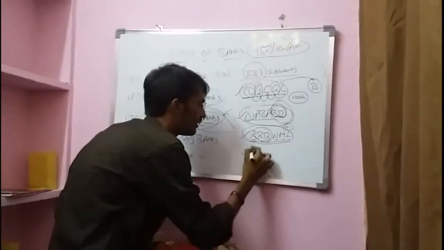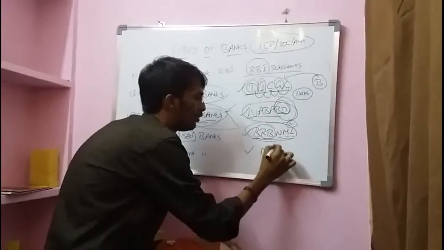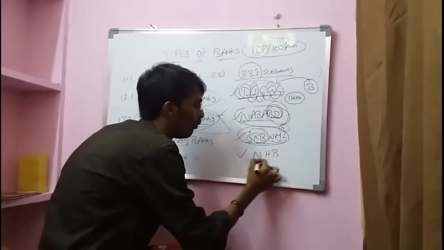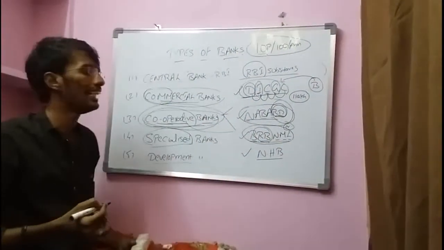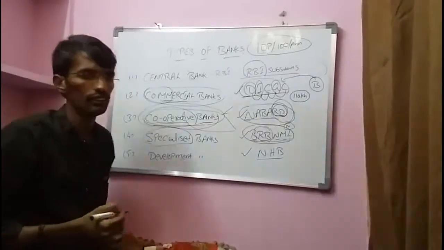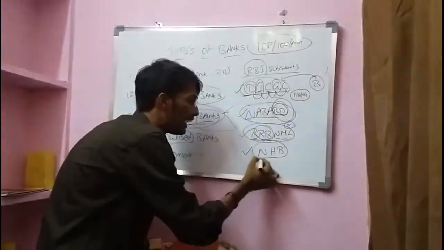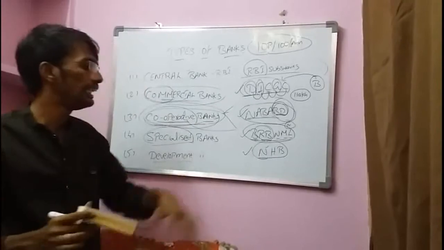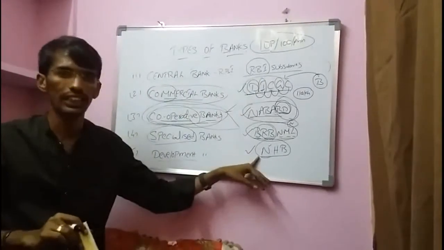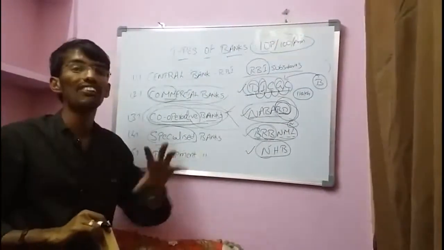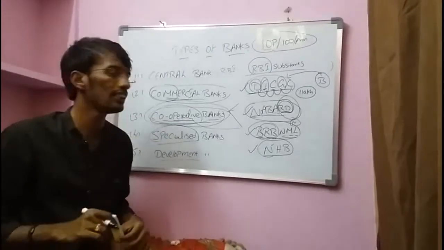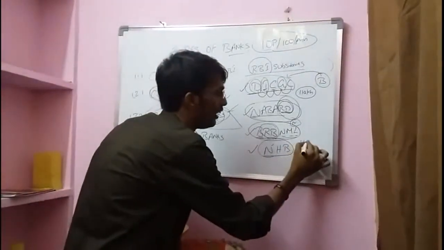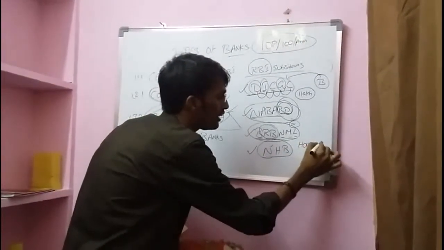And the last one, which is very important, is known as NHB. What does NHB mean? National Housing Bank. The function of the National Housing Bank is that this organization will control the financial institutions, especially housing financial institutions.